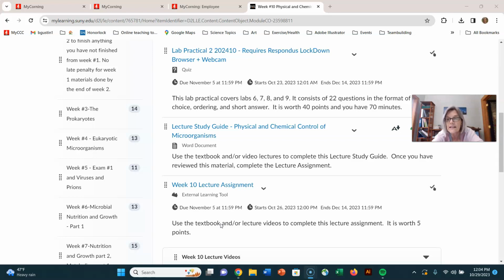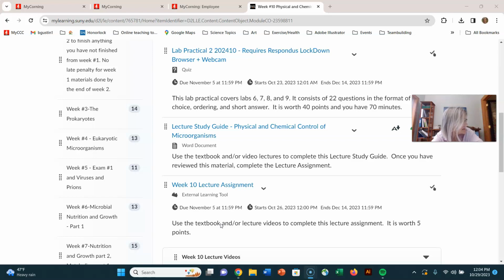So the only thing you have to do for lab this week is the lab practical. And I'm hoping that gives you extra time to review for the lab practical and to review the material for the lecture. Okay, so all the lab materials on your syllabus right now for week 10, control of microbial growth and 7 virtual labs, you're going to do those for lab in week 11.